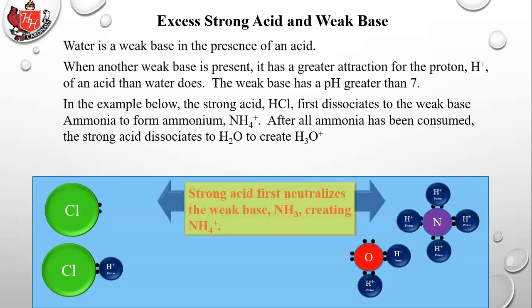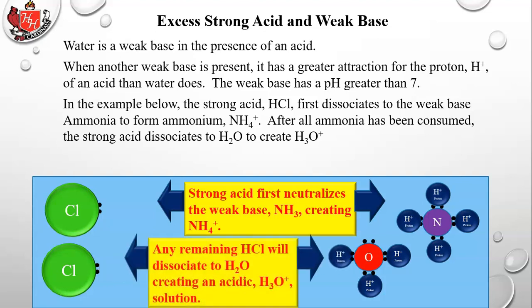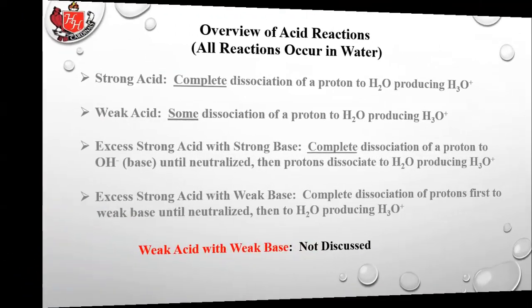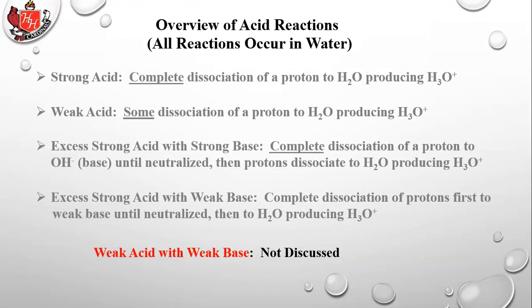That's called ammonium. So strong acid first neutralizes the weak base NH3, creating NH4+. Then any remaining HCl will dissociate to water, creating an acidic H3O+ solution. The H3O+ will lower the pH toward the acidic range. And finally, weak acids and weak bases we don't discuss.